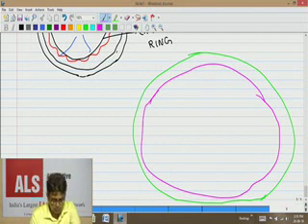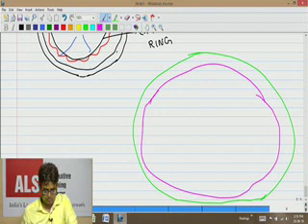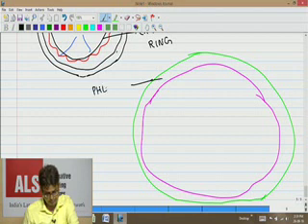Okay, so phloem. Let me label these things first. This is the cork layer. I'll explain what it is. This is the cork cambium layer.